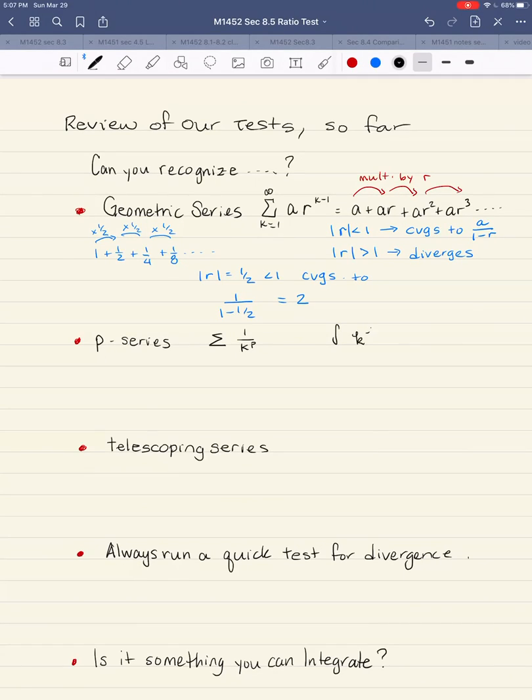If you integrate k to the minus p with respect to k, you get k to the minus p plus 1 over minus p plus 1. And we would need the limit, as k goes to infinity, of this thing to be finite.